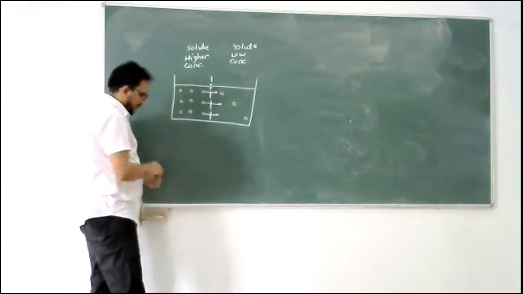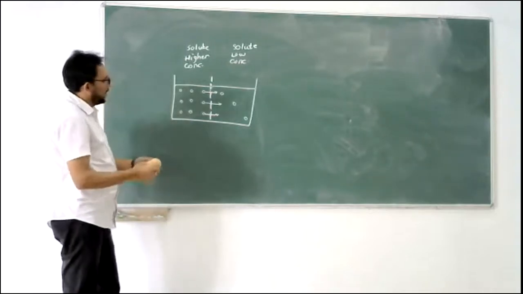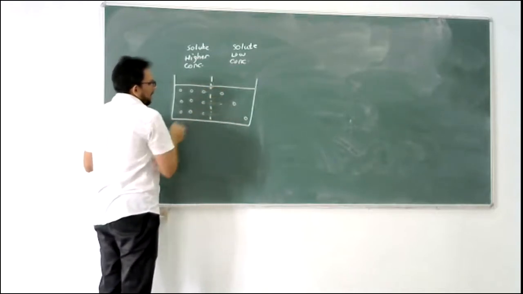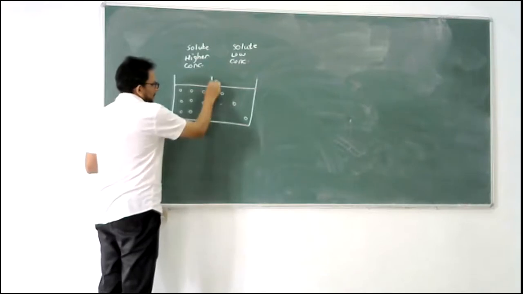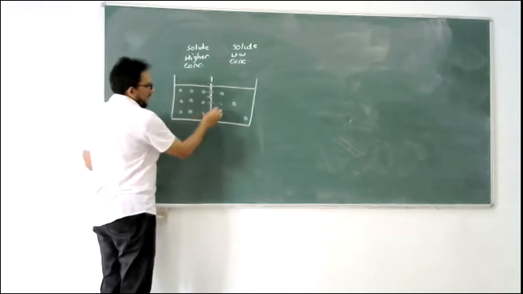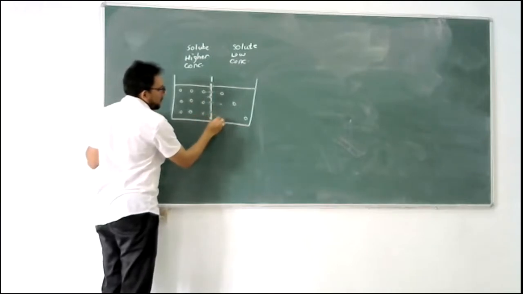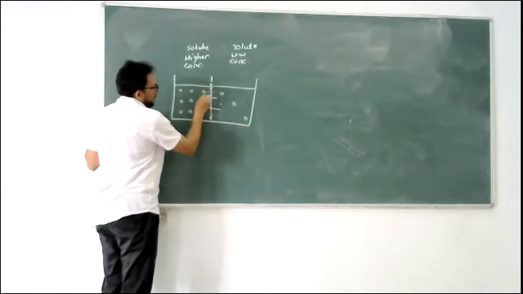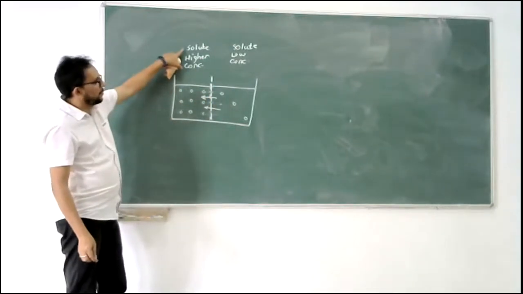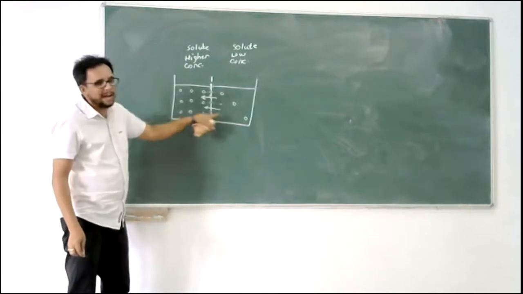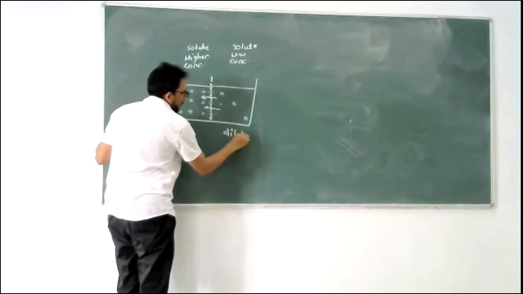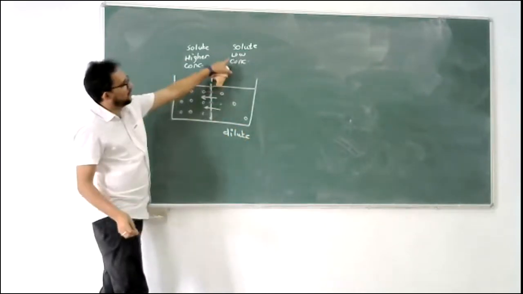When osmosis has to happen, let's say again, in the same system, osmosis will happen in the reverse direction. Osmosis will happen from this side, but of the water molecule and not of the solute molecule. So even if this is higher concentration of solute, the osmosis will happen from, now this is a dilute solution because there is low concentration of solute.